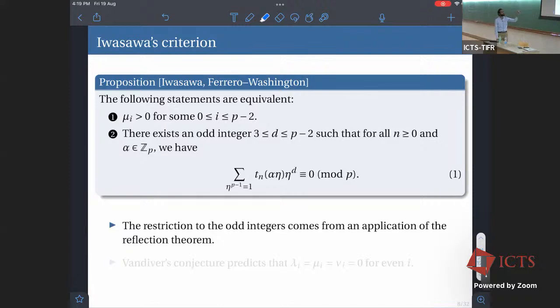So the restriction to the odd integers comes from an application of the reflection principle. You have this odd component and the even component, and there's this reflection theorem that tells you that the p rank of a specific even component is less than or equal to the p rank of a specific odd component.